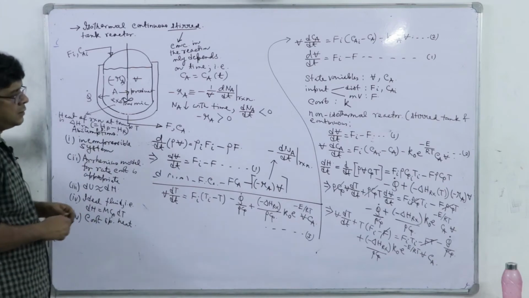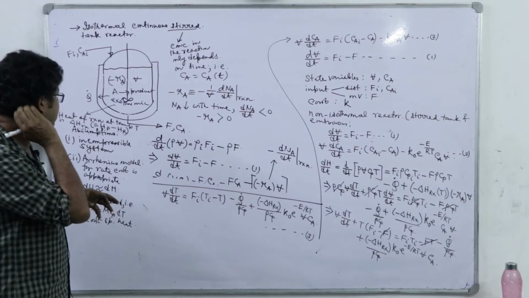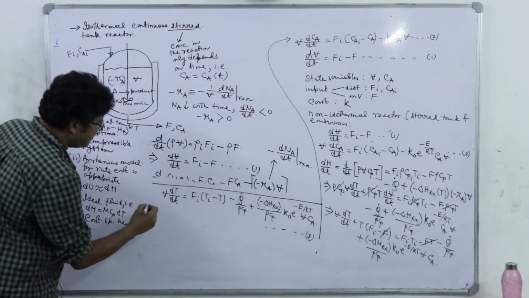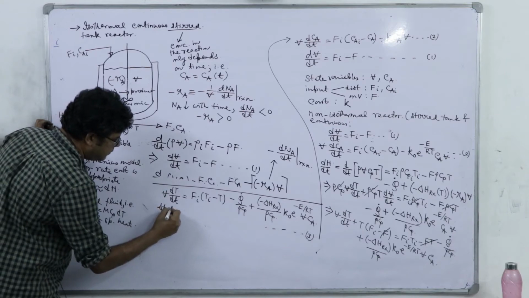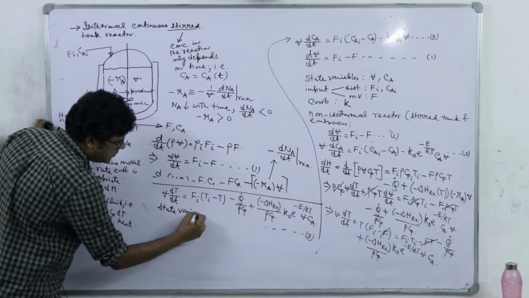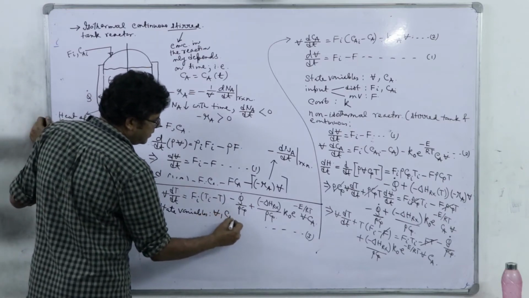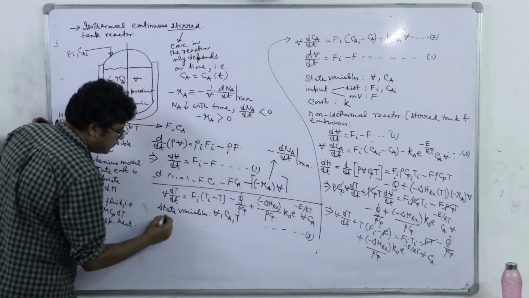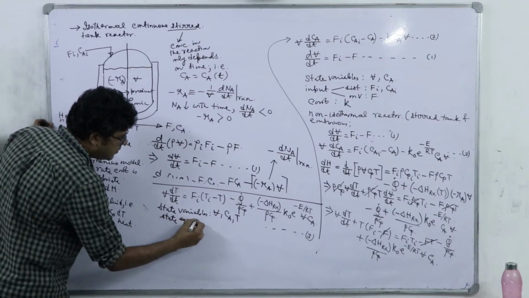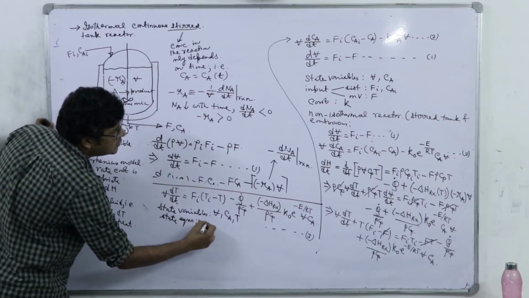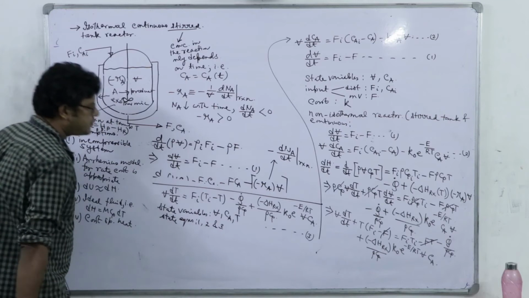So with these 3 equations for non-isothermal CSTR, we can list the state variables as V, Ca, T. Next, the state equations are 1, 2 and 3.